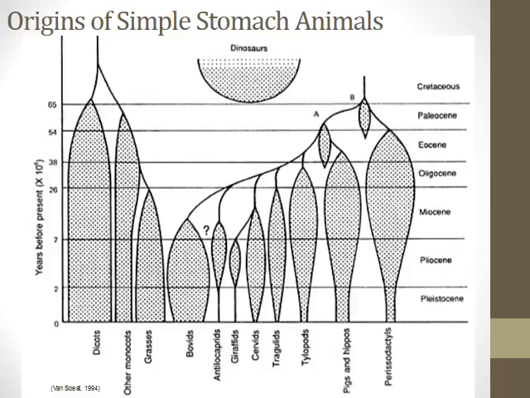Now, on the x-axis, the left three labels are the dicots, monocots, and grasses. And the dicots were the first plant materials to evolve in the Cretaceous period. And that corresponds with the letter B, and that is the common ancestor between simple stomach animals and ruminants.